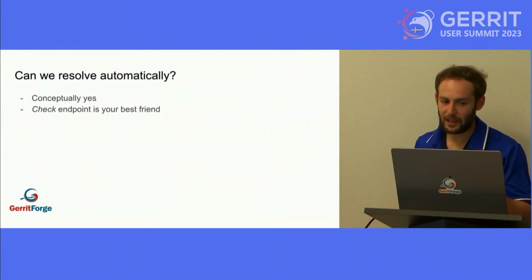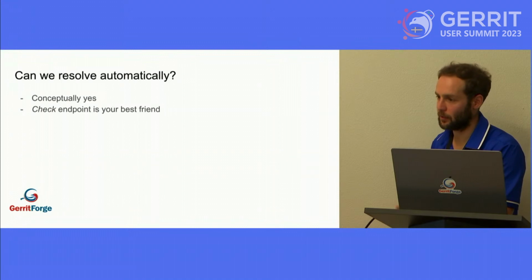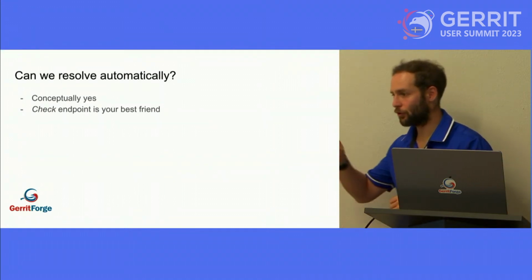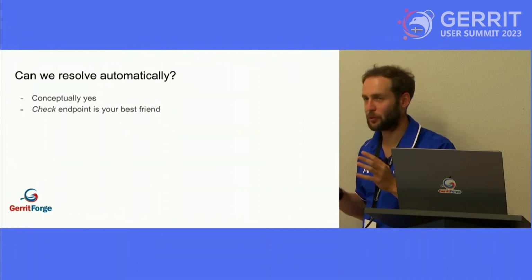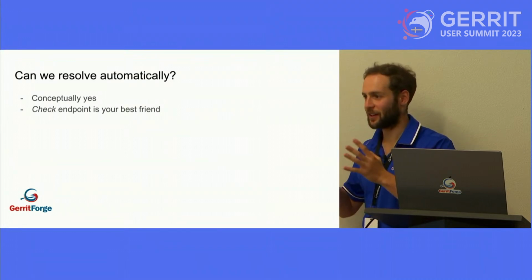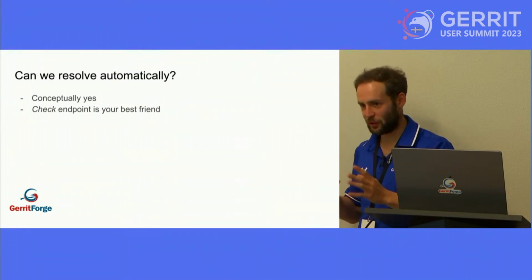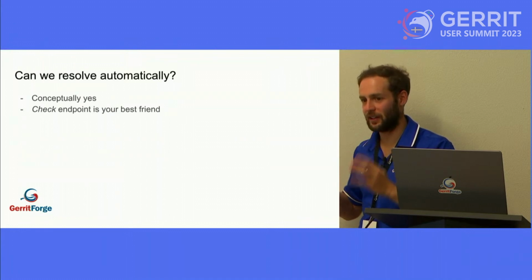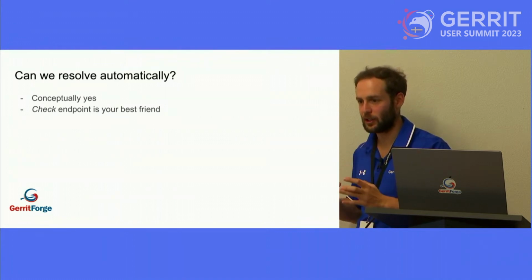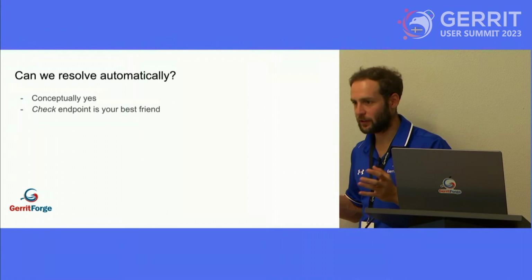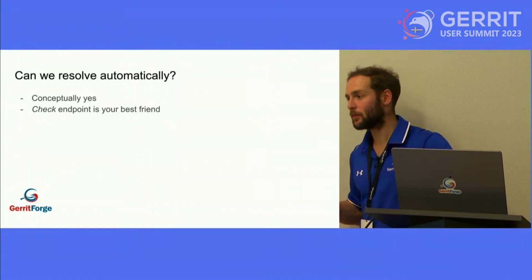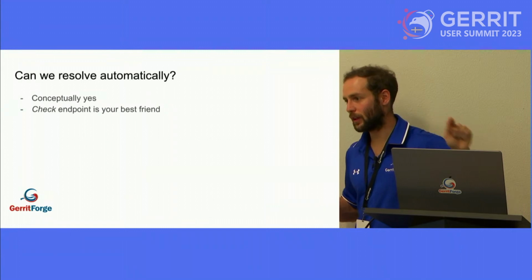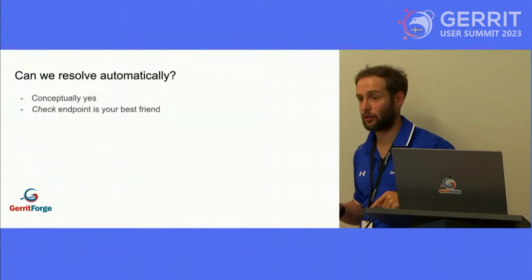So there's a really handy endpoint in Gerrit called the check endpoint, where you can call for each node, and it will tell you if that node is, I'm not sure what the right word is, but intact on that node. So it will tell you if it has all the elements it needs to reconstruct that change on that node. If it's missing patch sets for that change on that node, it will list them. So you can then use that list of refs to also fetch those.